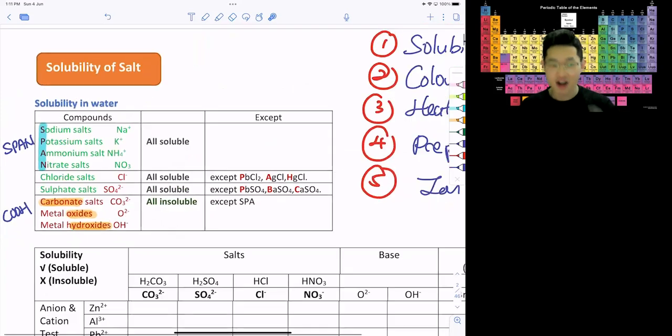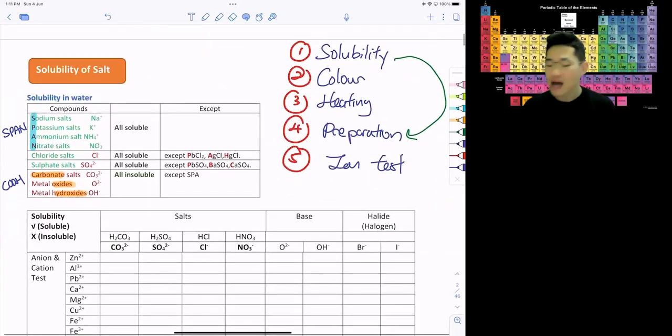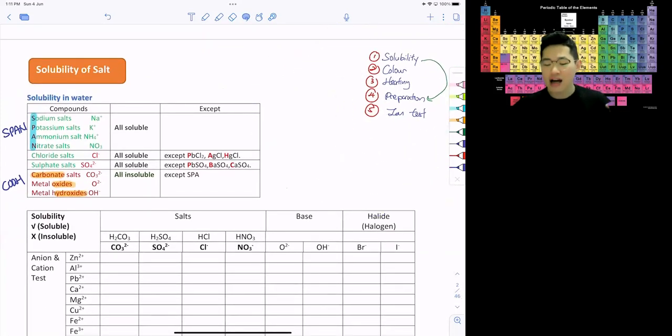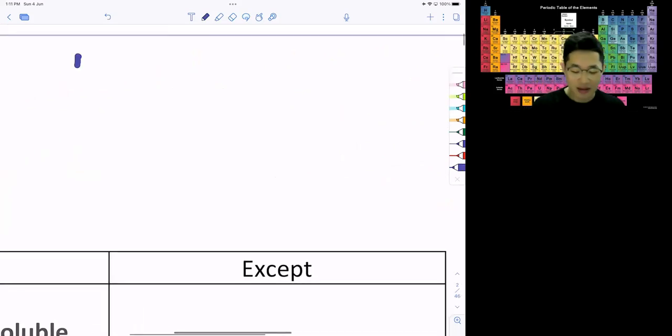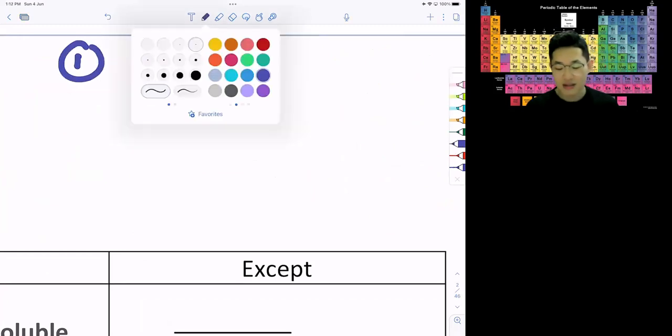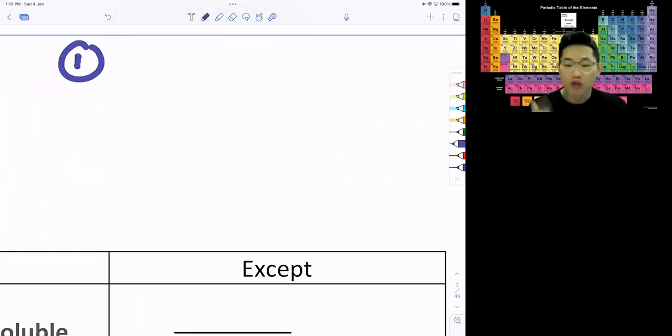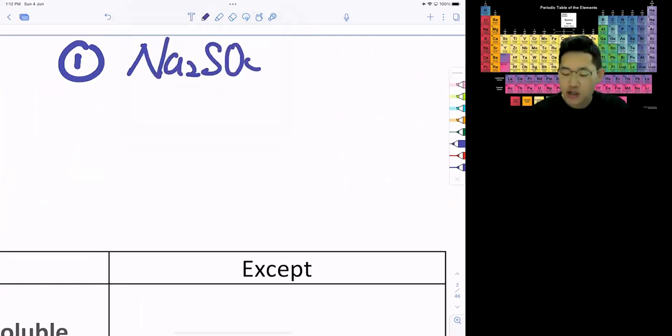Can understand, right? Then now, I will be giving you examples. Every time after I go through the notes a bit, I will give you an example, and you all have to give me the answer. Like, first one. I want to know whether this salt is soluble or not.